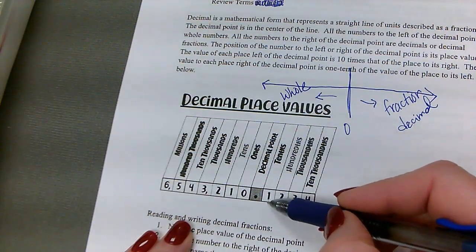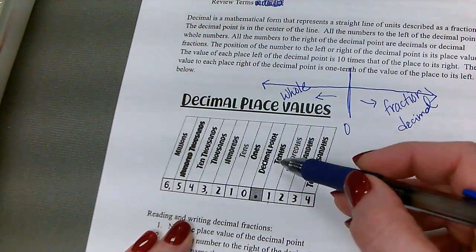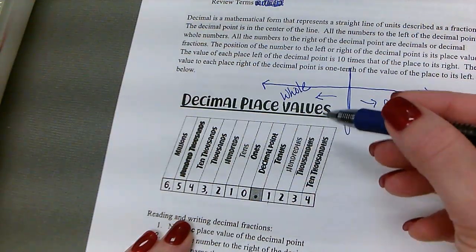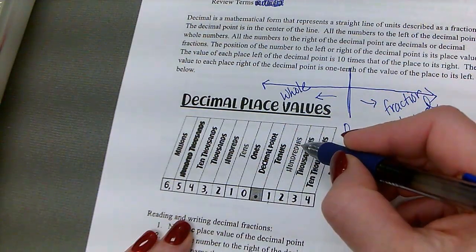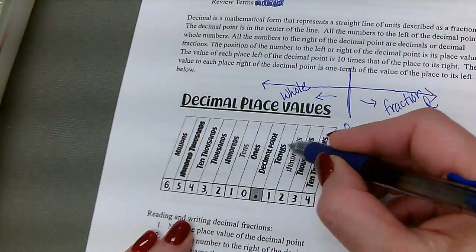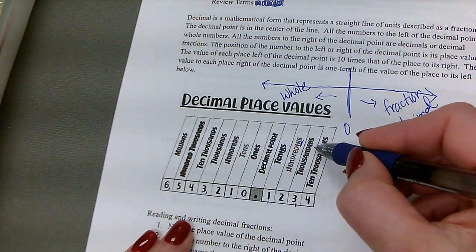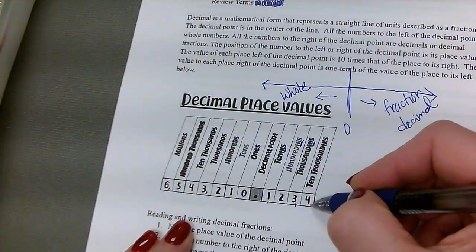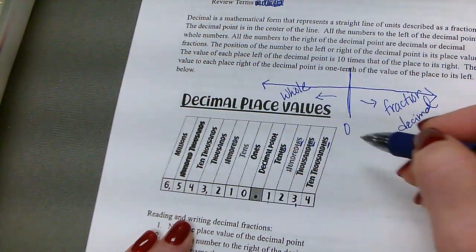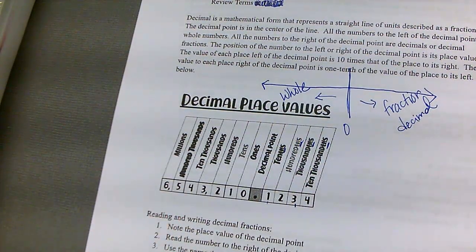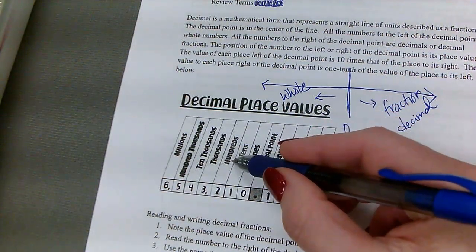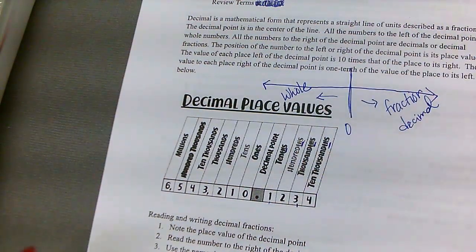So one spot behind the decimal is the tenths, then the hundredths, the third spot is the thousandths, and the fourth spot is the 10,000ths. So those are things to remember when you're looking on the left side of that 0 or that decimal. On the right side, these are whole numbers, so ones, tens, hundreds, thousand, 10,000. Okay, and it's just how you read the number.